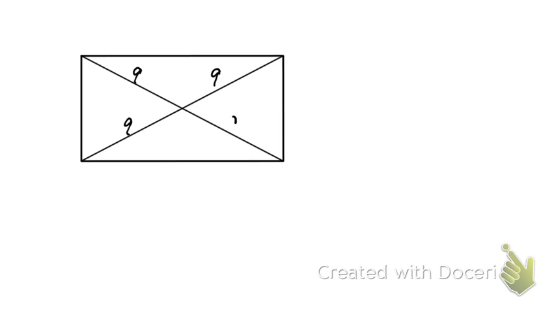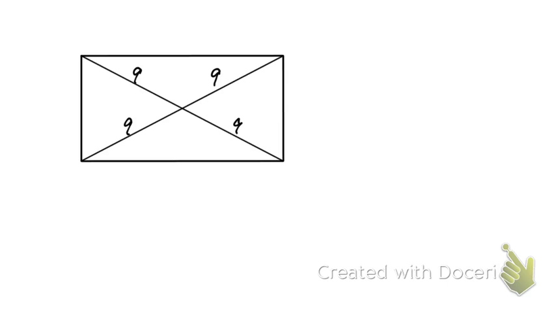I'm going to draw stuff and then I'm going to erase it. Each of these diagonals is 18 centimeters long. So how long is it from the middle to here? 9. Because with a rectangle, they bisect each other. So this is 9, this is 9, this is 9, this is 9.